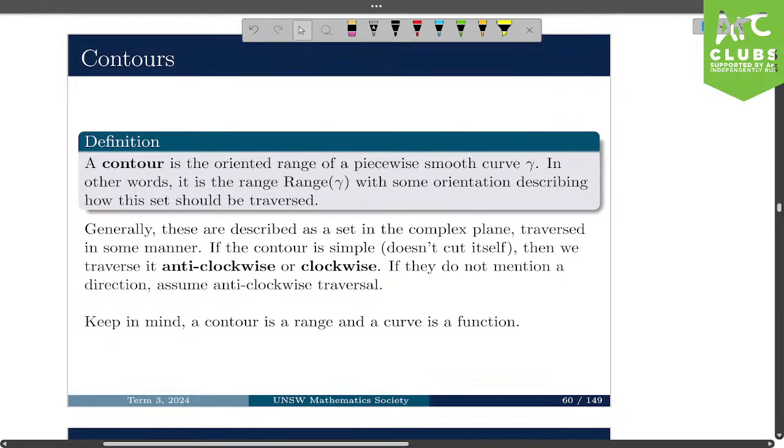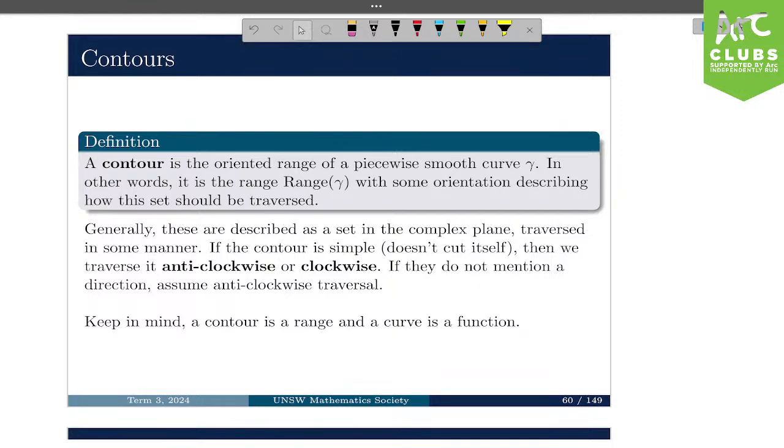Now a contour is the oriented range of a piecewise smooth curve gamma. So whereas gamma were functions, a contour is just a set of points. It's a set of points that's described by a curve together with the direction in which it has to be traversed.